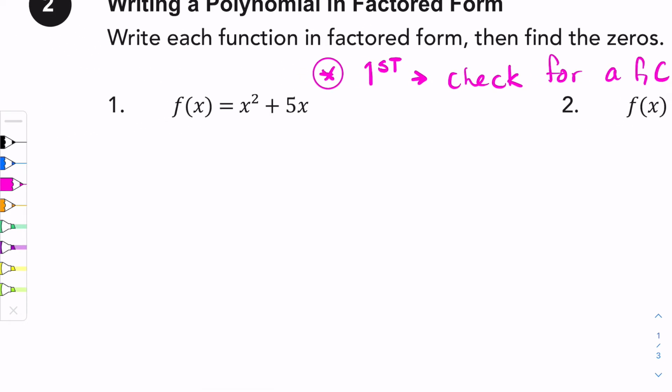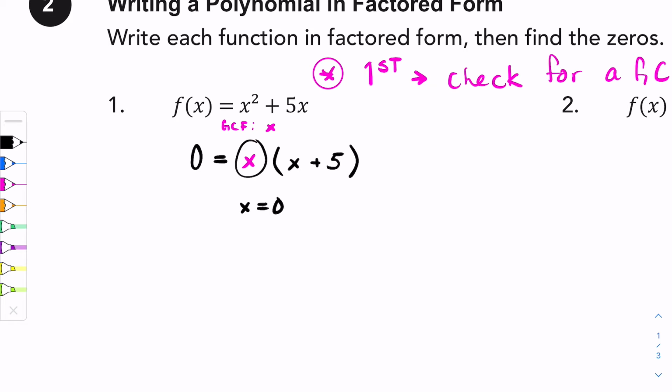Number 1 is f of x is equal to x squared plus 5x. I'm going to set this function equal to 0, and I also recognize that there's a GCF of x, meaning I can factor out an x from each one of these terms. When I take out my GCF of x, left over is x plus 5. Once you get your expression to the point of having all exponents as a value of 1, so right here, this is x to the power of 1, this is x to the power of 1, so once all of your exponents are to the power of 1, or linear, because linear is to the power of 1, then you set each factor equal to 0.